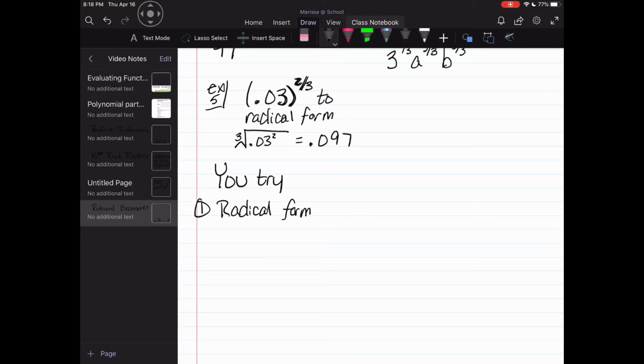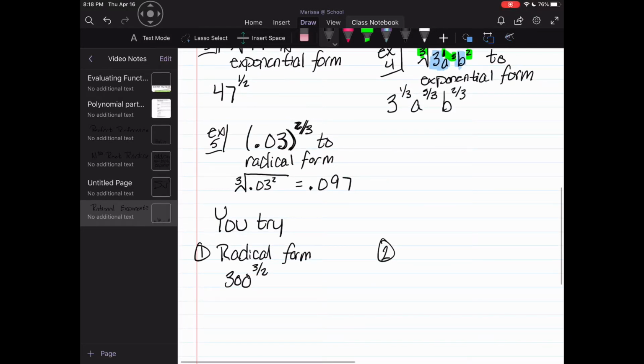And I want you to change 3 to the 3/2. And the second one that you're going to do, so number 2, you're going to go to, let me see here, let's go to exponential form.